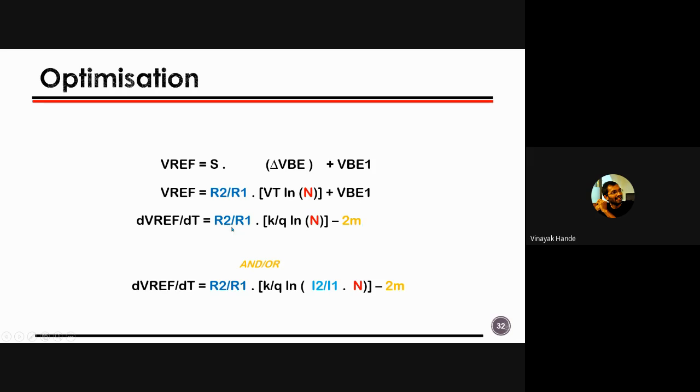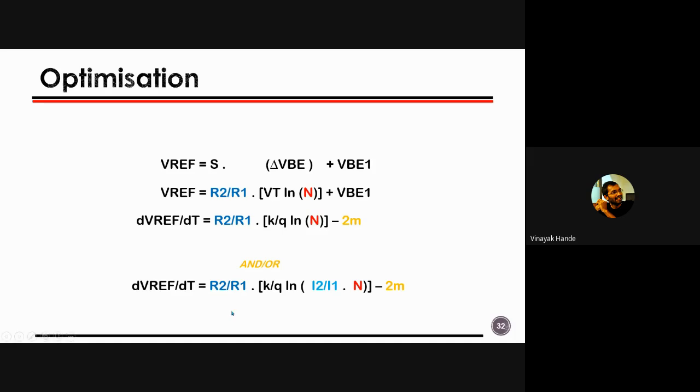So if somebody says that you cannot use a high value of the R2 by R1 ratio, then the only thing in the designer's hand is N, right? That means you have to increase the size of one of the BJTs, so that you can satisfy the slope requirement. Then only you can cancel it by exactly the same amount.